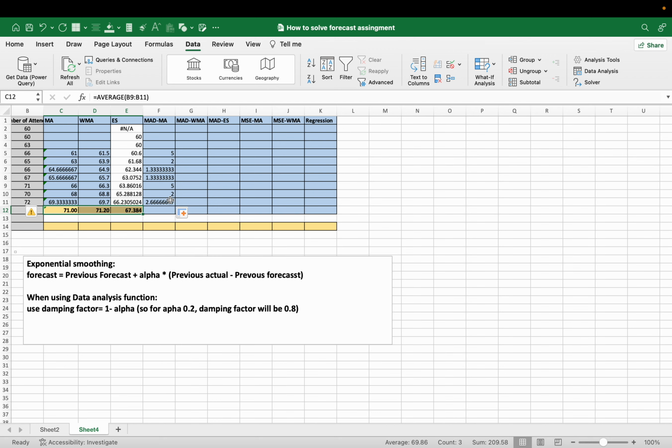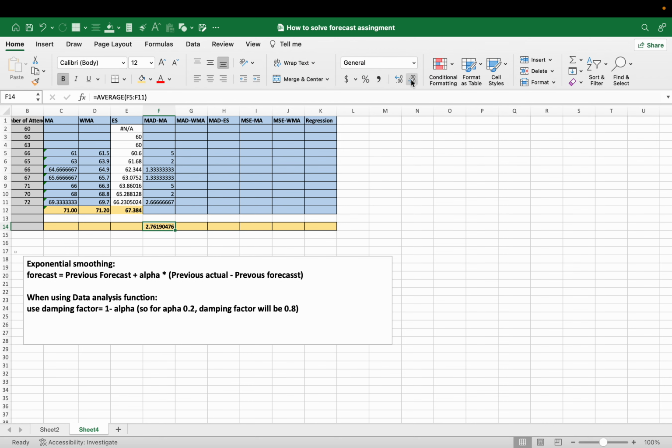So make sure that you drag it only up to this point and then take the average of these values. So this is our MAD, and again you can reduce the number of decimals, it will become 2.76.